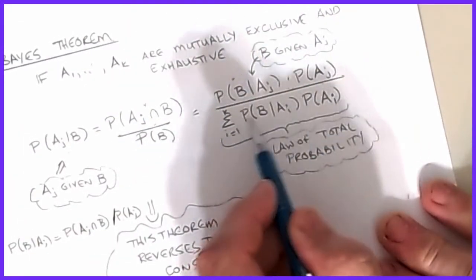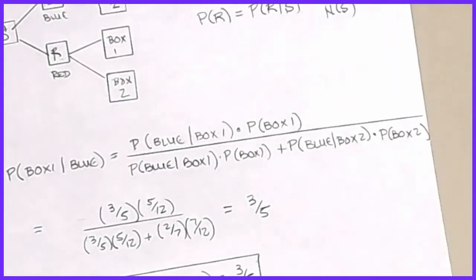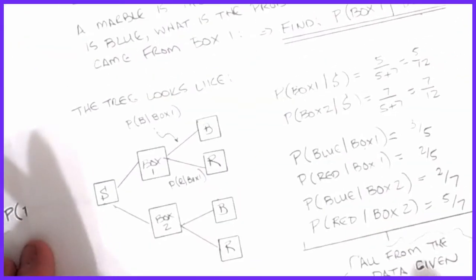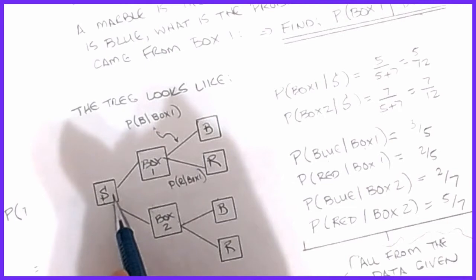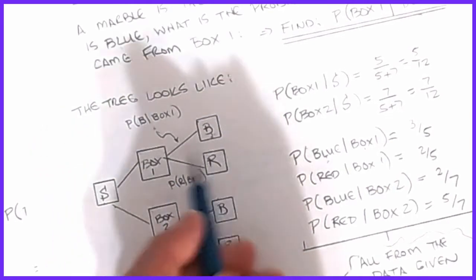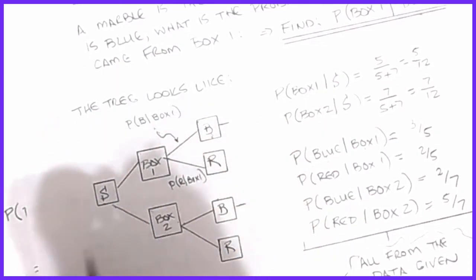Now again, as an equation, it's not completely clear what it is, but what it turns out being is, if we go back to that original tree diagram from the data that we had, what we're doing is we're going through and we're finding all of the probabilities that involve this blue marble. So we're finding the probability of this guy and then coming down and picking up this guy.